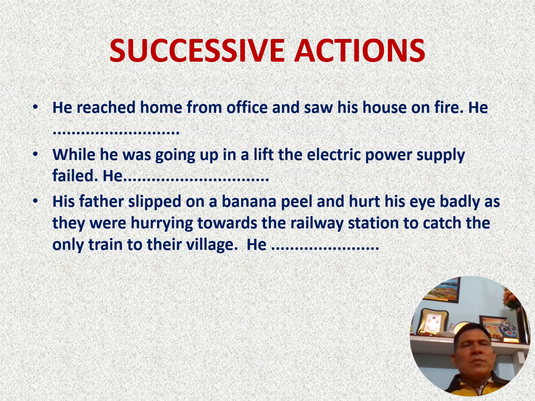His father slipped on a banana peel and hurt his eye badly as they were hurrying towards the railway station to catch the only train to their village. So what should he do? He gives his father first aid and moves to the railway station. There you also have medical facilities at the railway station, and on demand you can have the medical treatment done in the train while moving.